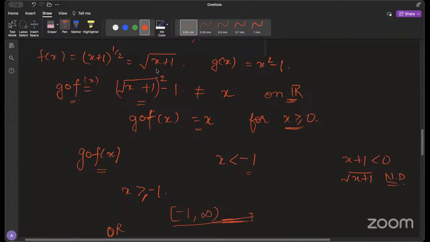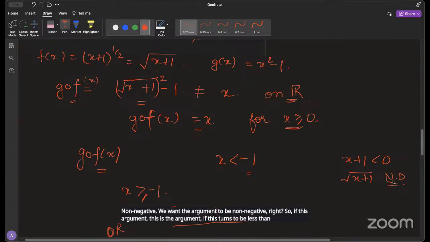So you need to find the domain of this. You want this function to be defined. We know that square root is only defined when the argument is non-negative. If this argument turns out to be less than 0, then this is not defined, then your root x plus 1 is not defined, right?